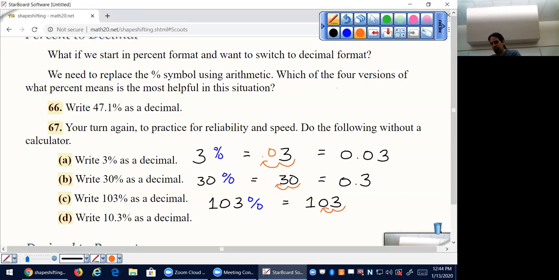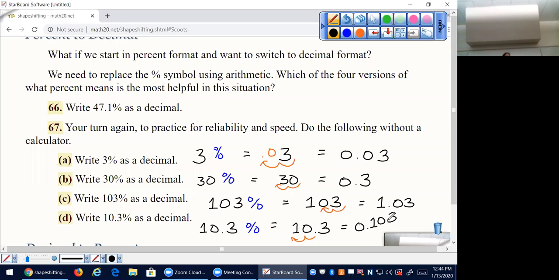Yes. Everyone happy with all 4 of these? You can scoot. It's easy to do. You can do it for homework tonight.